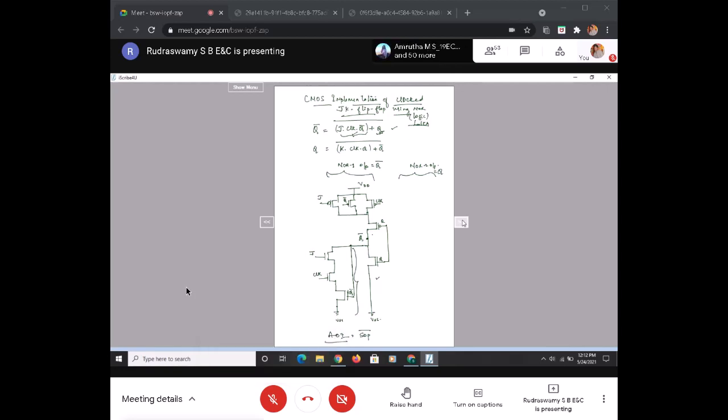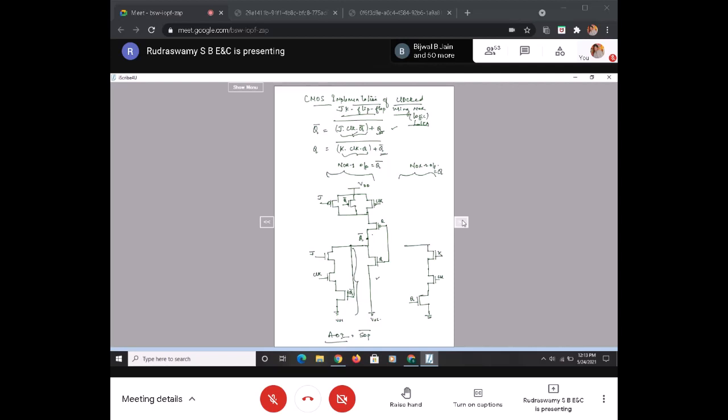Okay. So I'm having here, this is my K. This is my clock, and then I have the Q grounded, and K clock Q is ORed with Q bar.